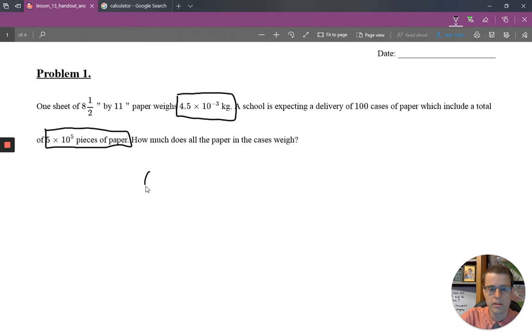So we're going to multiply 4 5/10 times 10 to the negative third by 5 times 10 to the fifth. When you're multiplying with scientific notation, let's multiply those 4.5, or 4 5/10, times the 5.